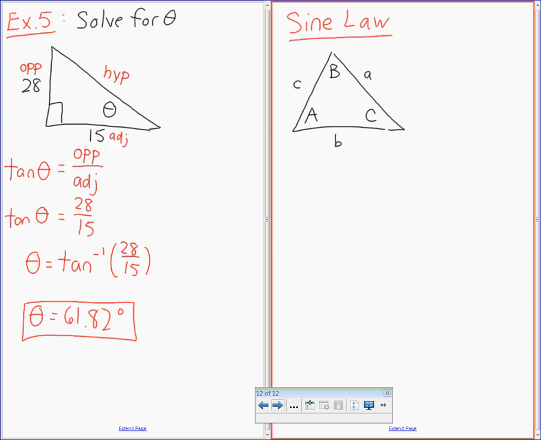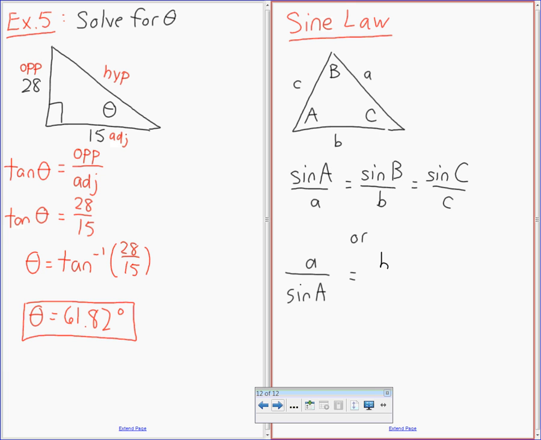And our equation for sine law is going to be sine A over A equals sine B over B equals sine C over C, or A over sine A equals B over sine B equals C over sine C. Now remember, when you're doing this, I gave you two versions of the same equation, one flipped compared to the other.